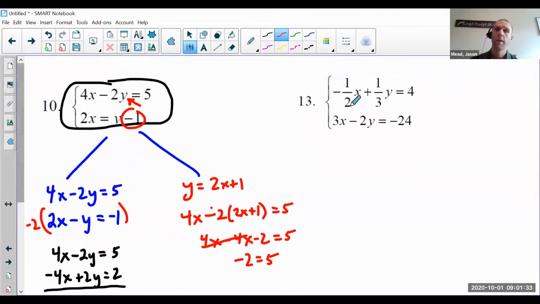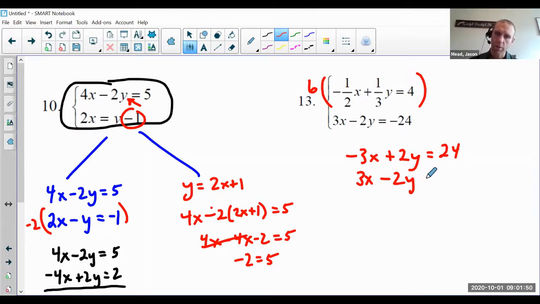Or in number 13's case, what I'm going to do is multiply this one by the common denominator, which is 6. And I'll get negative 3x plus 2y equals 24. And let's combine that with the bottom system equation. And I get 0, 0, and 0.